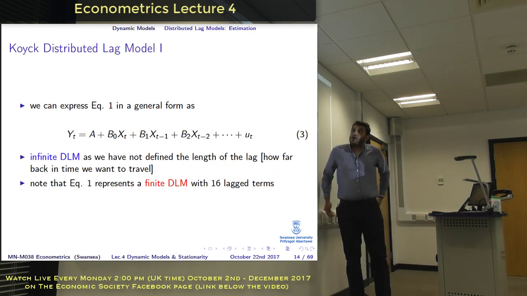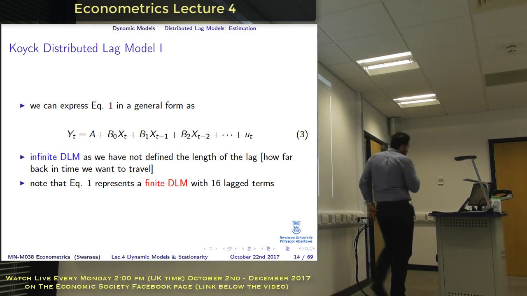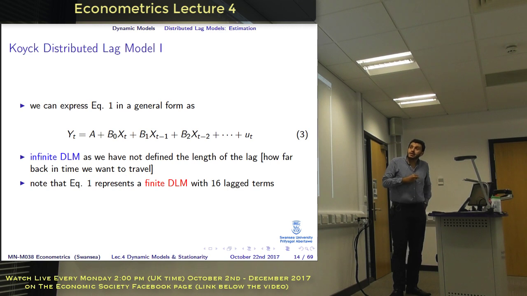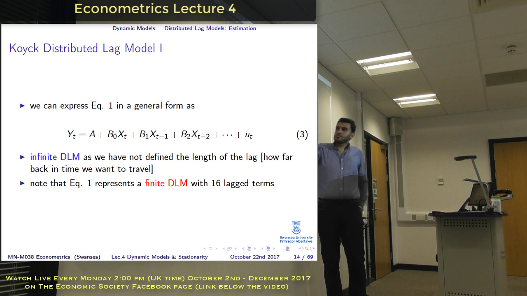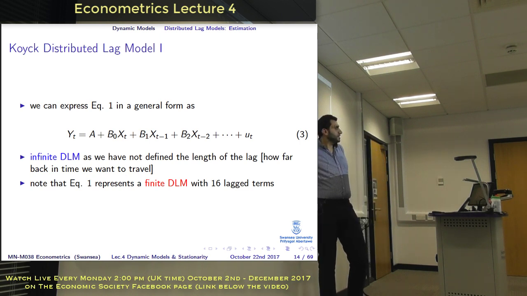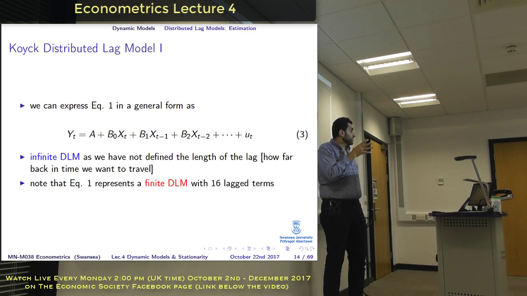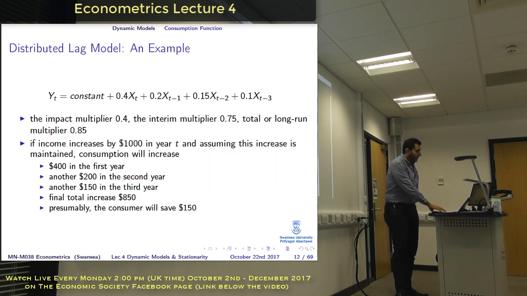A Koyck distributed lag model is a transformation of this model into a different sort of model that we might be able to estimate. First, let's look at the general form. Let's assume that we have an infinite distributed lag model. The difference between this and the one we saw in the previous slides is that the first one had 16 lags, and the previous slide had only 3 lags.